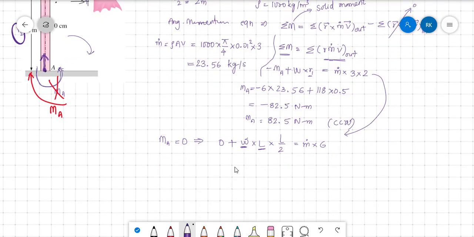So W, what is W? 12 kg per meter into 9.81, that is the unit weight per unit length, into L square by 2 is equal to m dot into 6. M dot is 23.56 into 6.